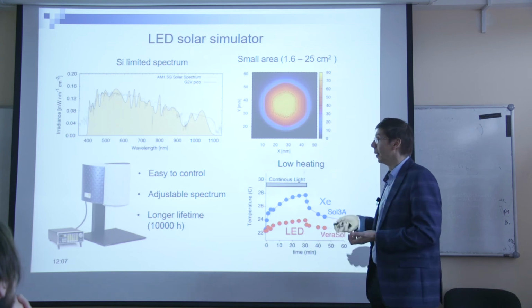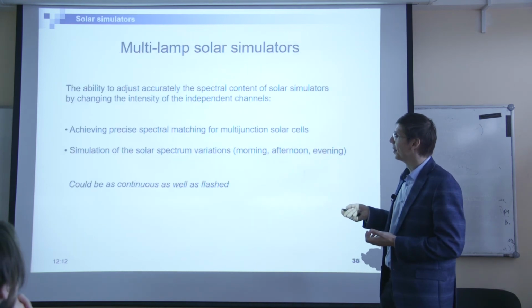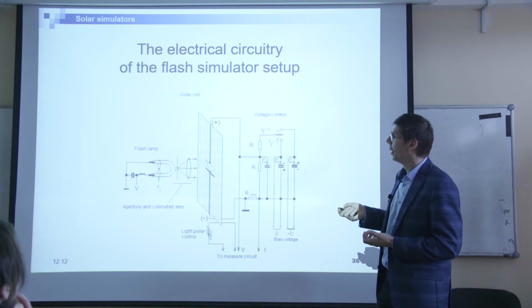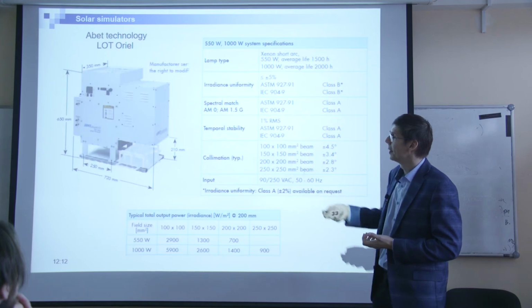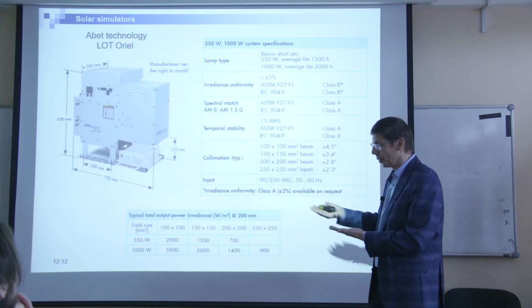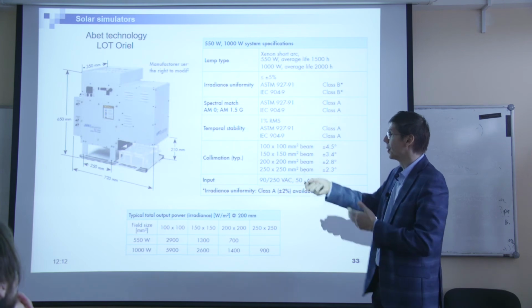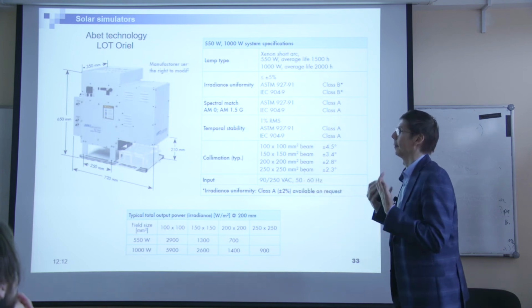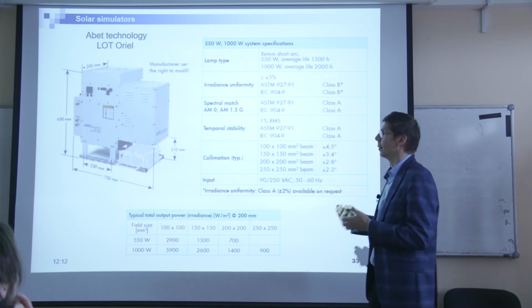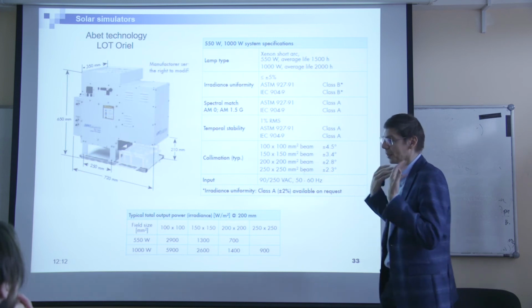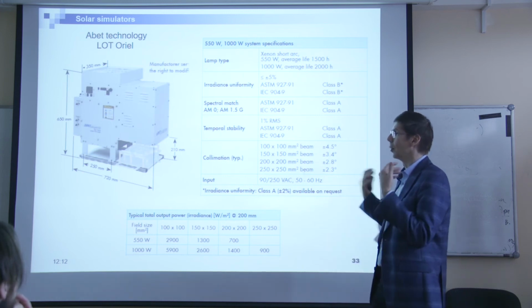And actually, the producers told that, I didn't pay attention, but normally for any simulator like this, you have a shutter. It's just because the lamp is on. You cannot just switch the lamp off and on during the measurement.